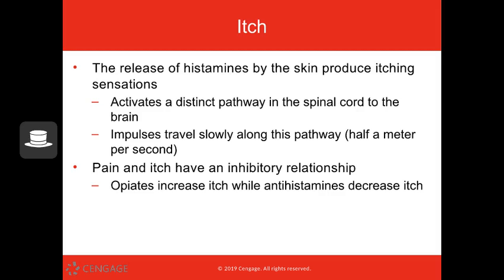Pain and itch have an inhibitory relationship, so opiates will increase itchiness while antihistamines will decrease itchiness. Antihistamines, think like Benadryl, right? So if you've ever wondered why people who are addicted to opiates complain of itching all the time, now you know: opiates are going to increase the itching sensation but decrease the sensation of pain.